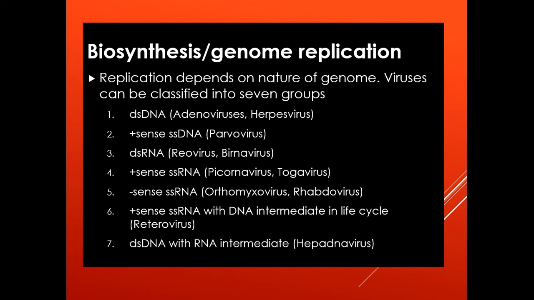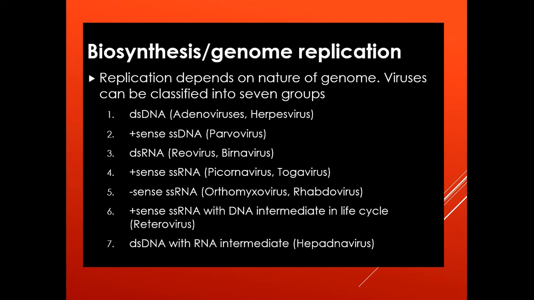Positive sense single-stranded RNA viruses with DNA intermediate in the life cycle, like retroviruses, have a positive sense single-stranded RNA genome, but it is converted back into DNA, and then the DNA integrates into the host cell DNA. This process is called the RNA with DNA intermediate life cycle, which takes place in retroviruses.